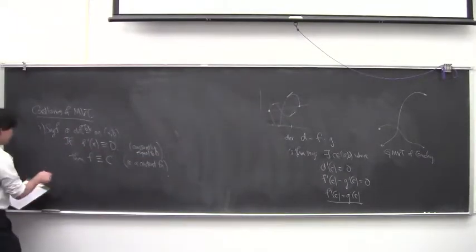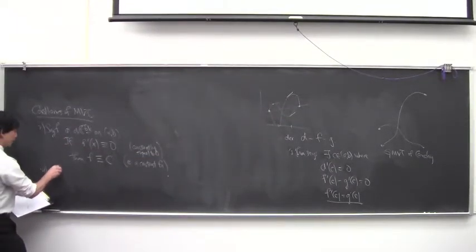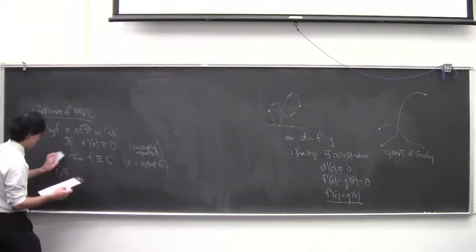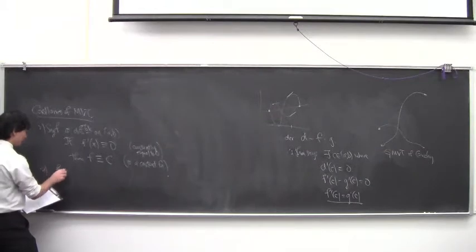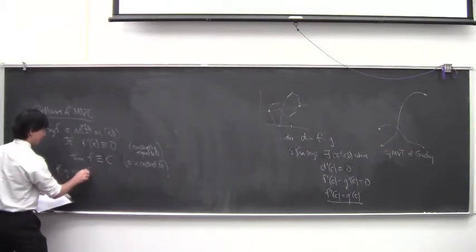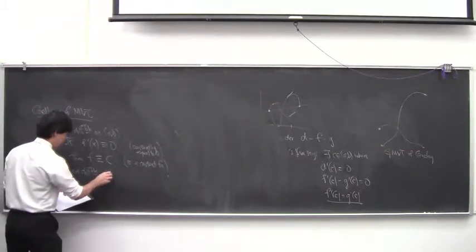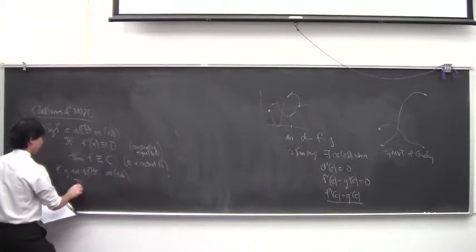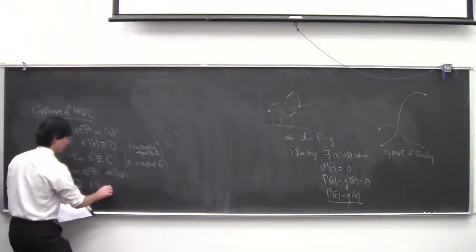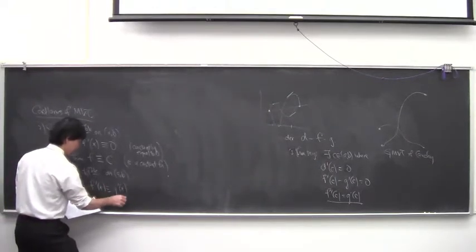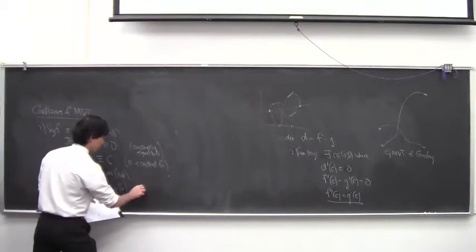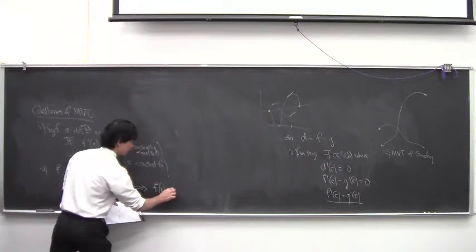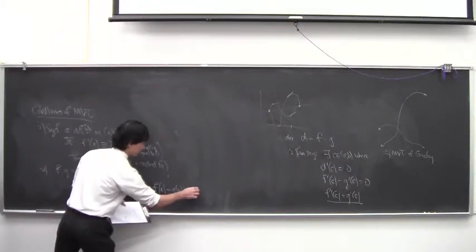And then the second one: if F and G are differentiable on (a, b), and if F prime and G prime are equal everywhere, then in fact F minus G is a constant.